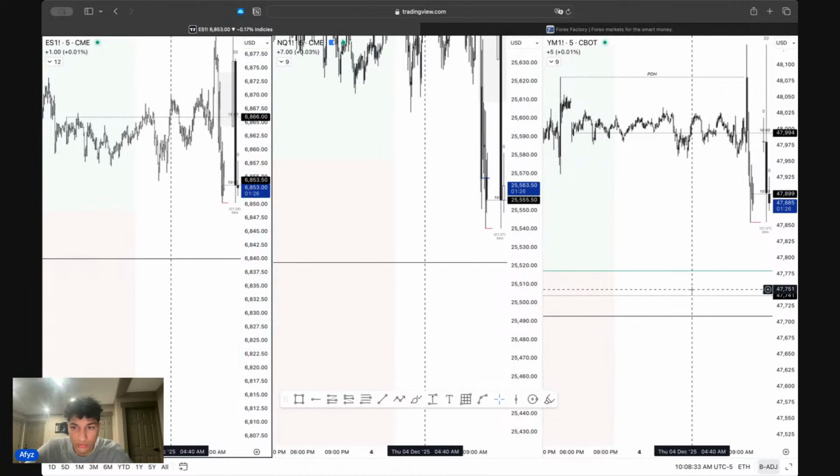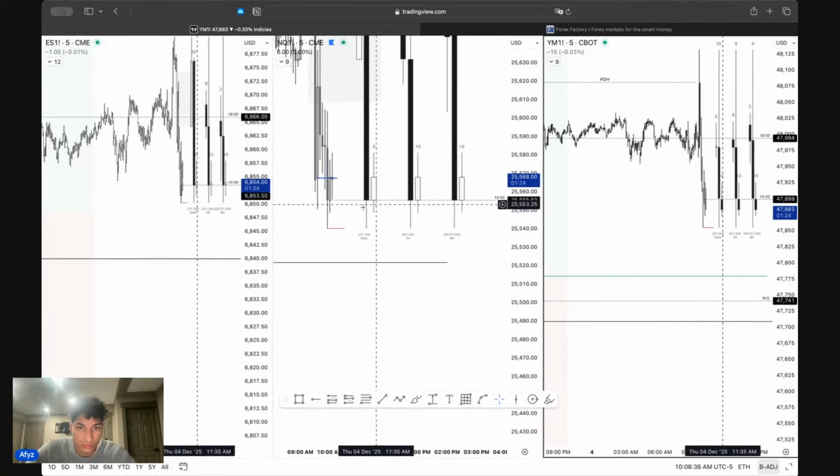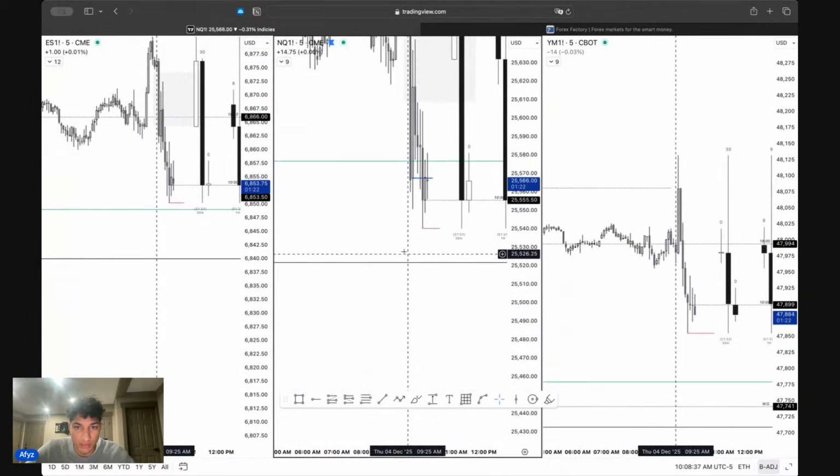Get rid of this green line for now. If we can keep it on the chart, you guys can see EQ.